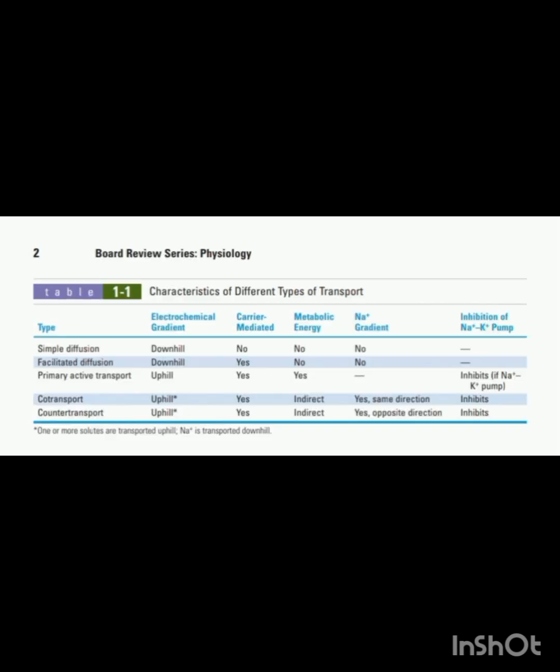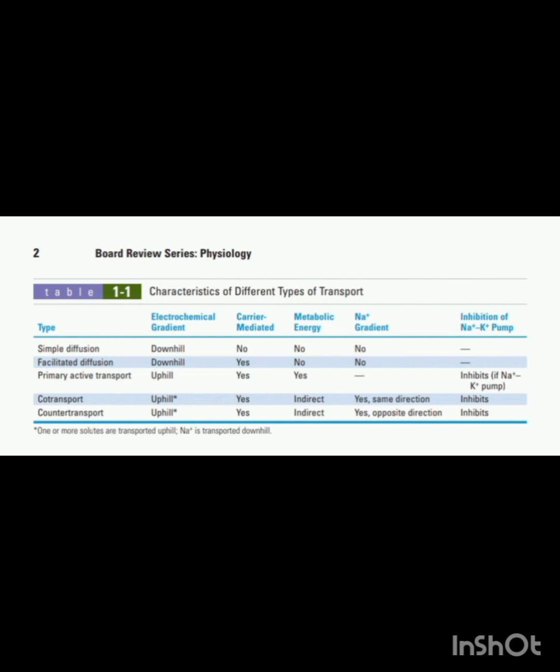Okay, so we have completed the transport across cell membranes. Let's summarize it. Here's a table from BRS physiology. Simple diffusion and facilitated diffusion are both downhill, and simple diffusion is the only transport across the membrane that is not carrier mediated, whereas facilitated diffusion and primary and secondary active transport require carrier proteins.